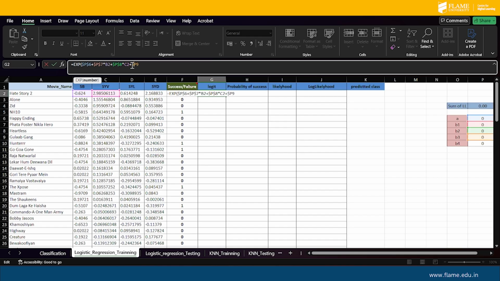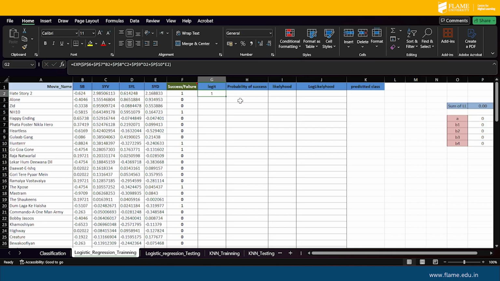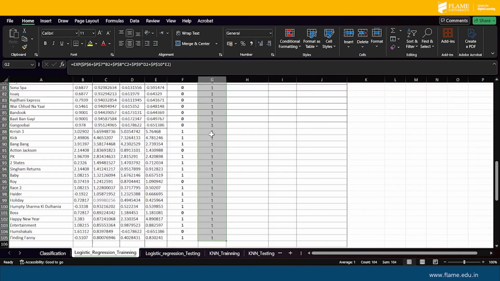You fix this and multiply this, and plus last coefficient of the feature, that is b4. So again you just fix it and multiply with the particular cell or the feature value. And once you calculate this, you found the value, and we just check. So this is the logit value what we got from the calculation.